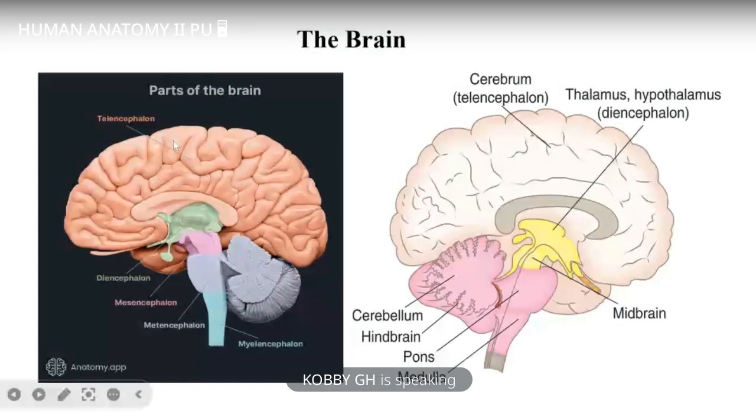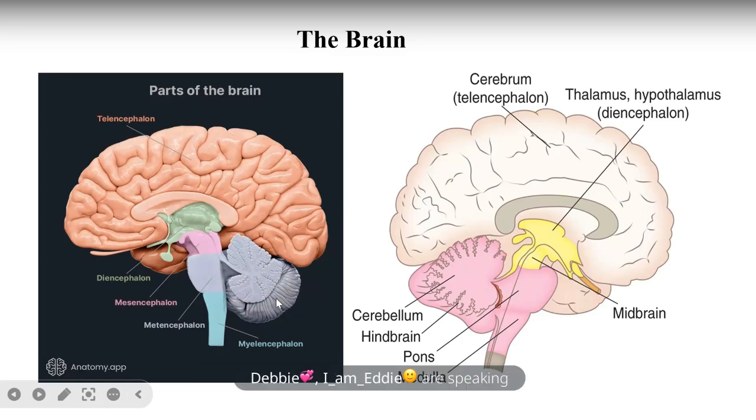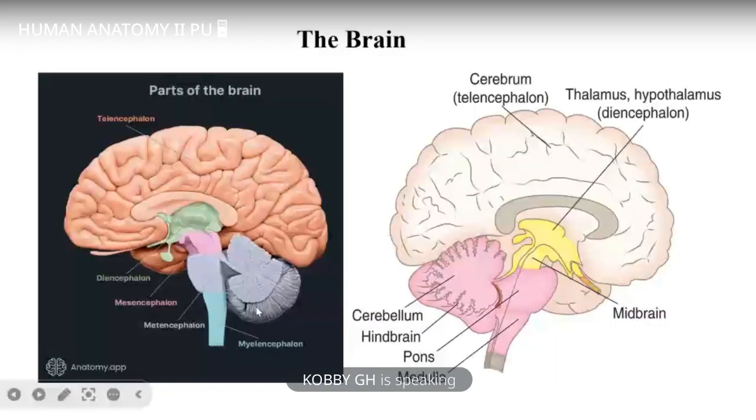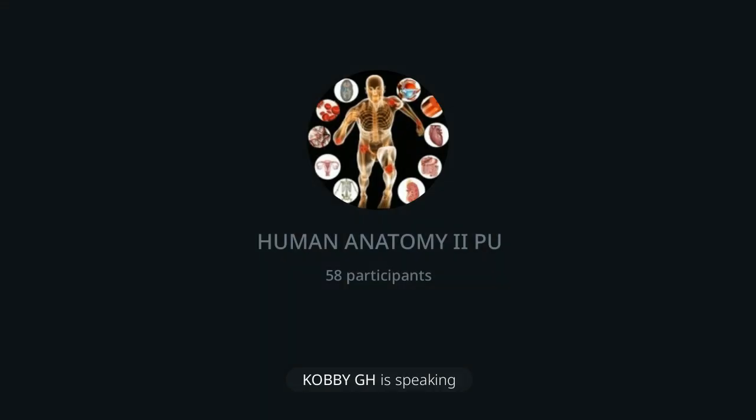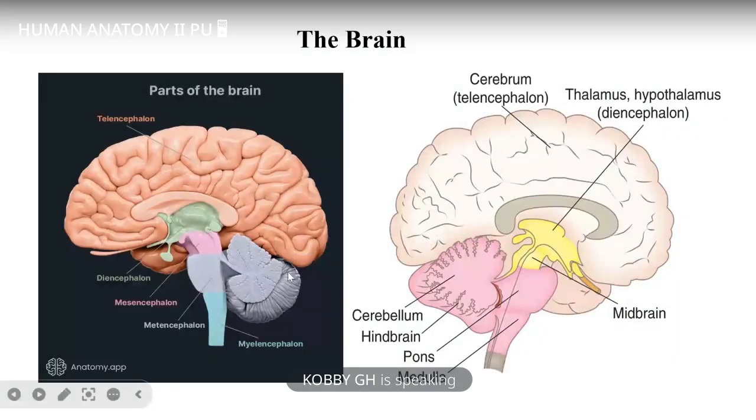You see we have the telencephalon. That's the cerebrum. Is that okay? Which one is this, the one I'm pointing at? The cerebrum. Good. Then the cerebellum. Is that okay?